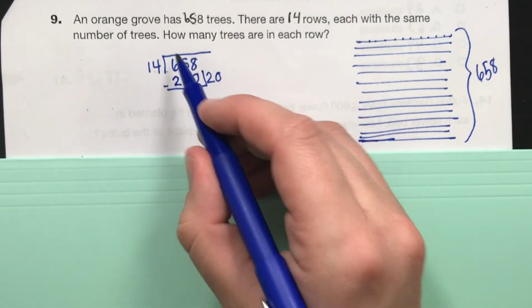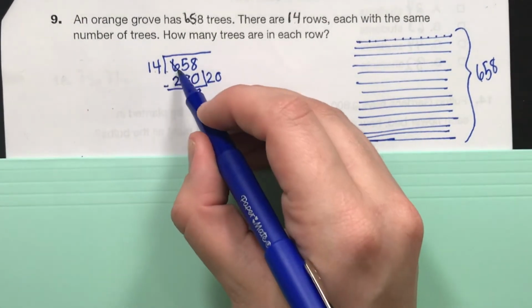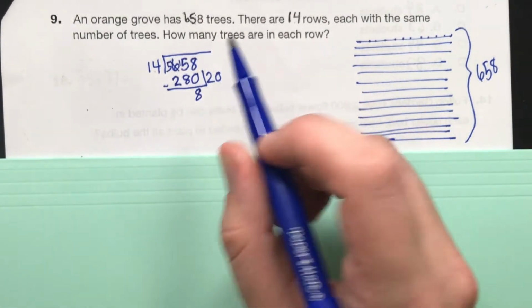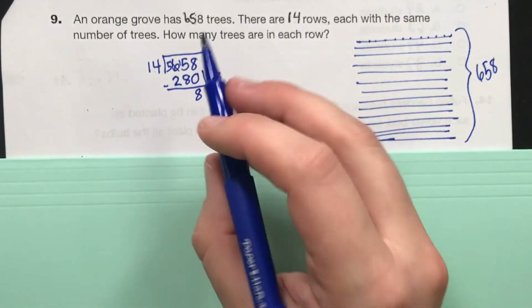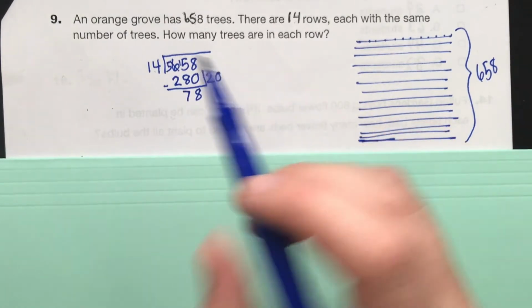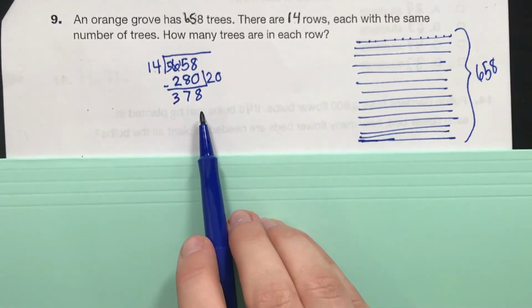I'm writing down my 8. I can't take 8 away from 5, so I'm going to borrow from my 6. I make that 15, and then 15 minus 8 is 7, and then 5 minus 2 is 3. So now I have 378 left.